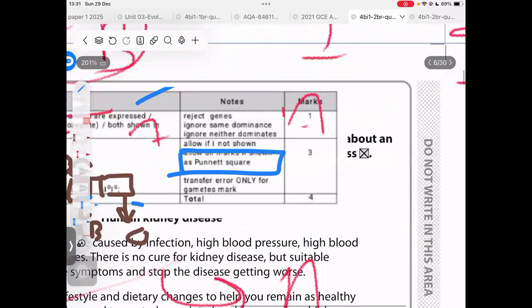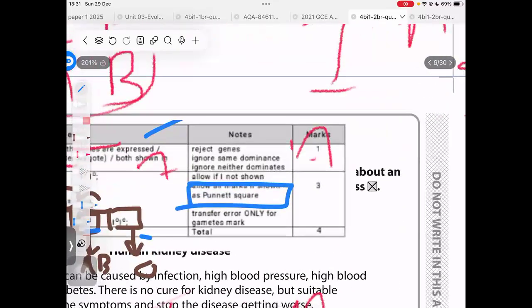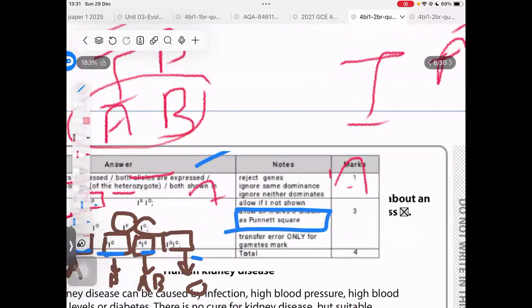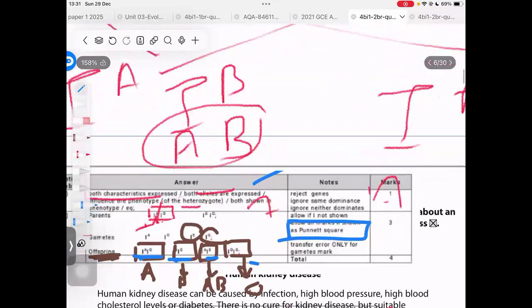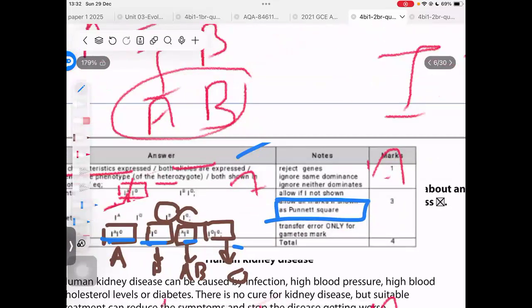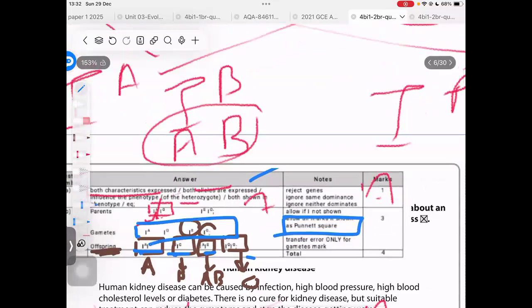And here, transfer error only for gamete mark. That means if you have made a mistake, basically only for the gametes, transfer the error only for gametes mark. So if you have made an error, but you have got the gametes correct, I think they are planning to give you the mark for the gametes, right?